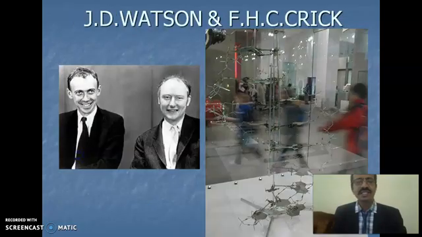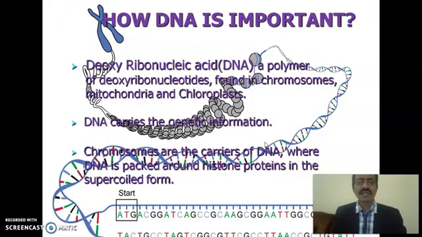Based on this X-ray crystallography structure, J.D. Watson and Crick proposed the double helical model of DNA. Here we see the double helical model of the DNA, which was first described by Watson and Crick. For that, Watson and Crick got the Nobel Prize.